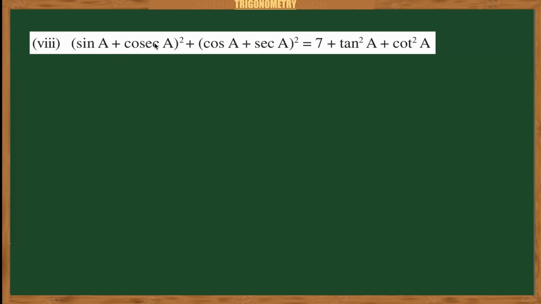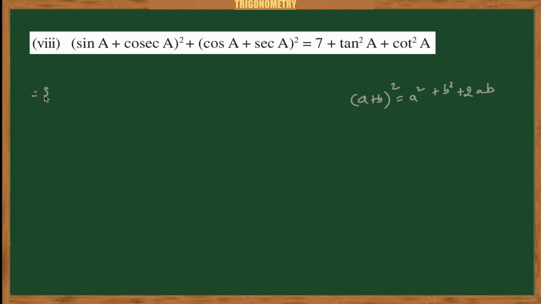Let's proceed. Here it is a square, so we can utilize our formula of a plus b whole square is equal to a square plus b square plus 2ab.